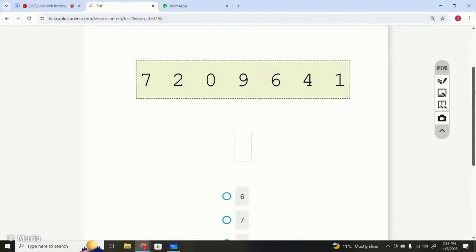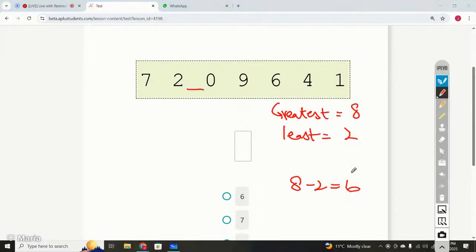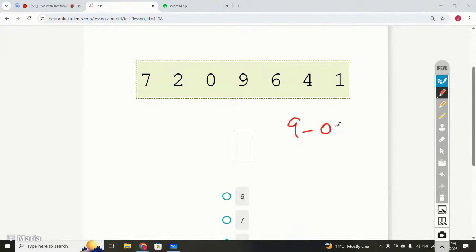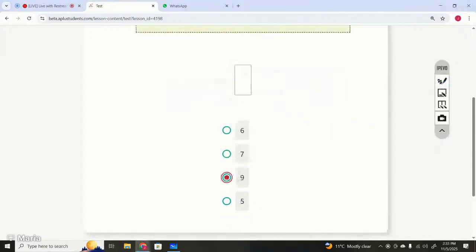Which is the greatest number in the given data? 9, right? And the least number is 0. And their difference is 9. The correct option is 9.